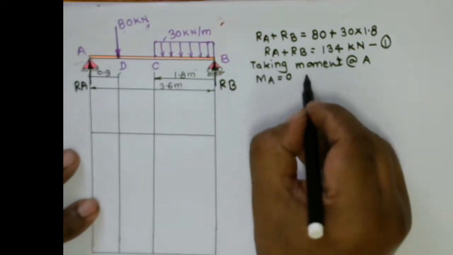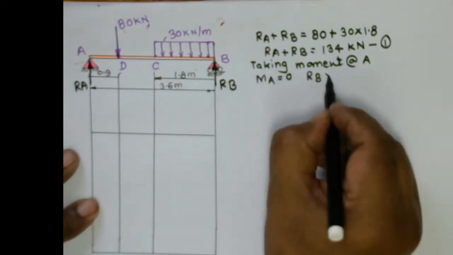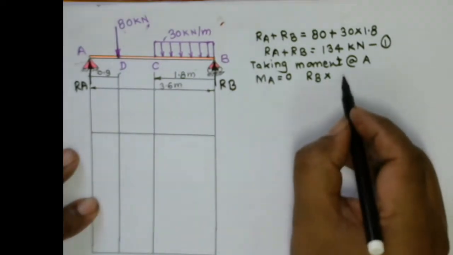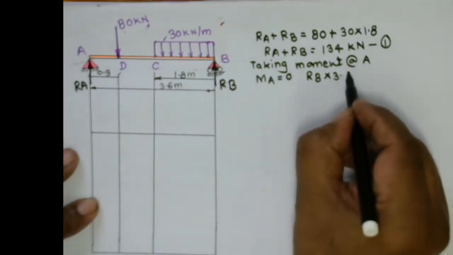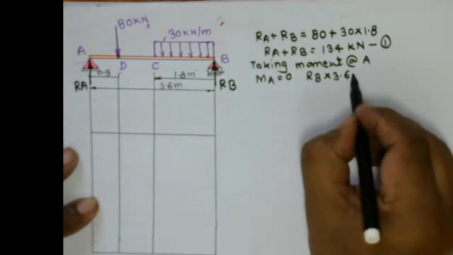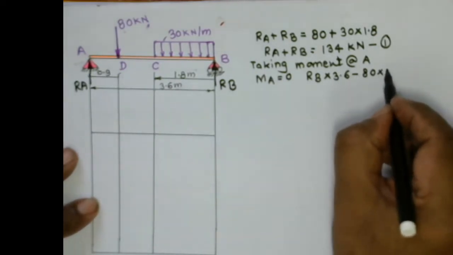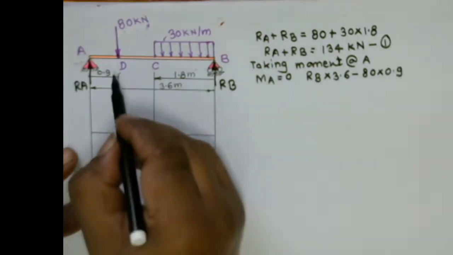So in that case, going from right to left, RB into the total span 3.6, minus, I am considering first the point load, that is 80, its distance up to point A is 0.9.